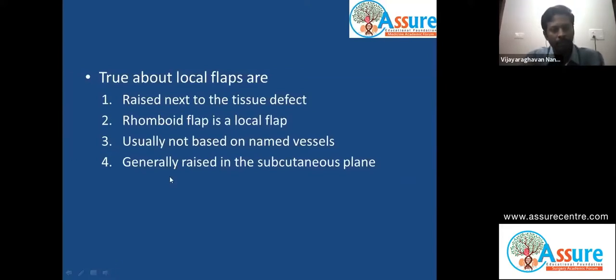Okay, so true about local flaps: they are raised next to the tissue defect; rhomboid flap is a local flap; usually it is not based on named vessels; it is generally raised in the subcutaneous plane. More than one point can be correct. Okay, anyone wants to take this?